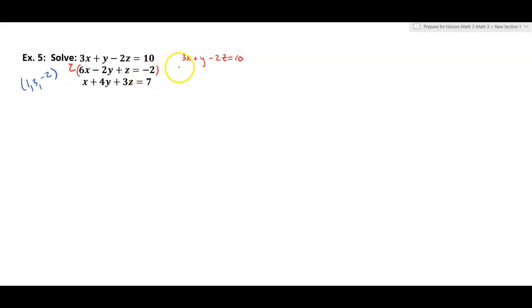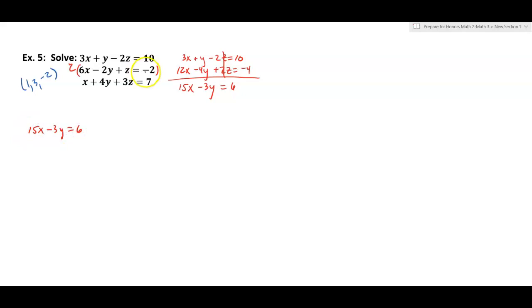So that's going to turn to 12x minus 4y plus 2z equals negative 4. And right away the z's eliminate, and I get 15x minus 3y equals 6. So I'm going to bring that equation down here. 15x minus 3y equals 6.